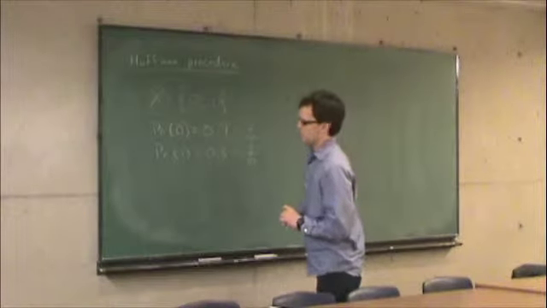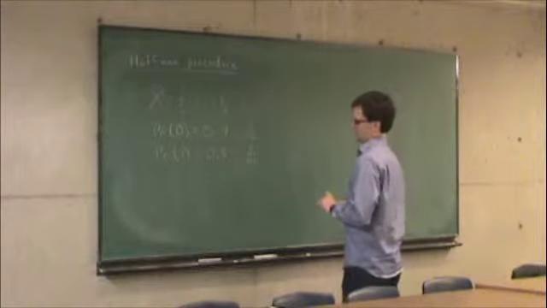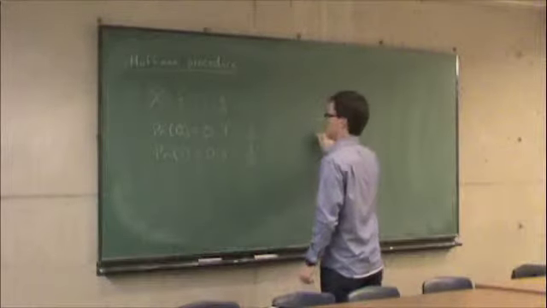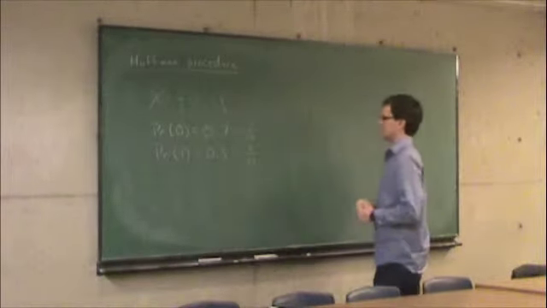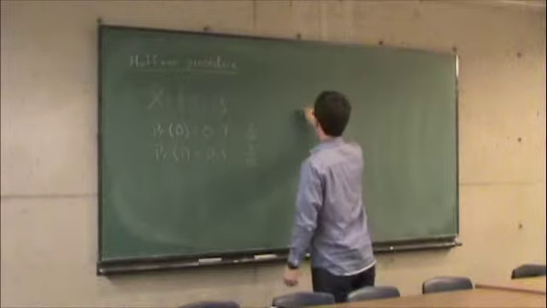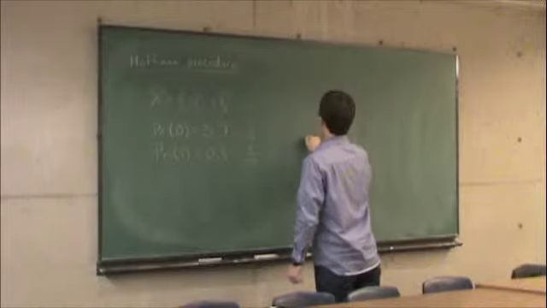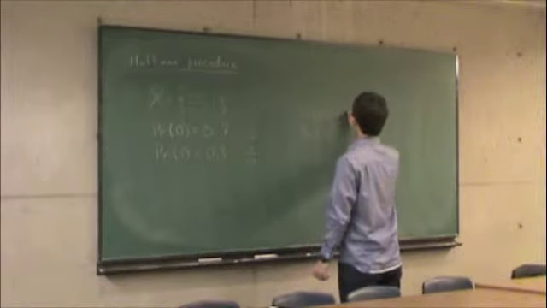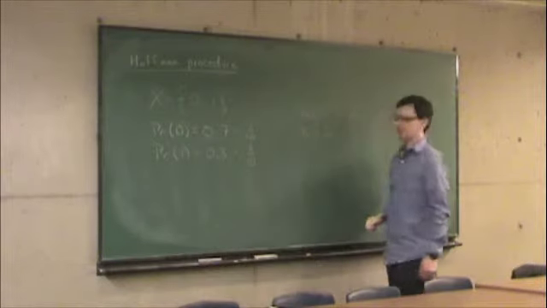Now, if you follow the Huffman procedure on this set, what do we get? Well, let's list the letters 0 and 1 in decreasing order of probability. Combine them together. And done.